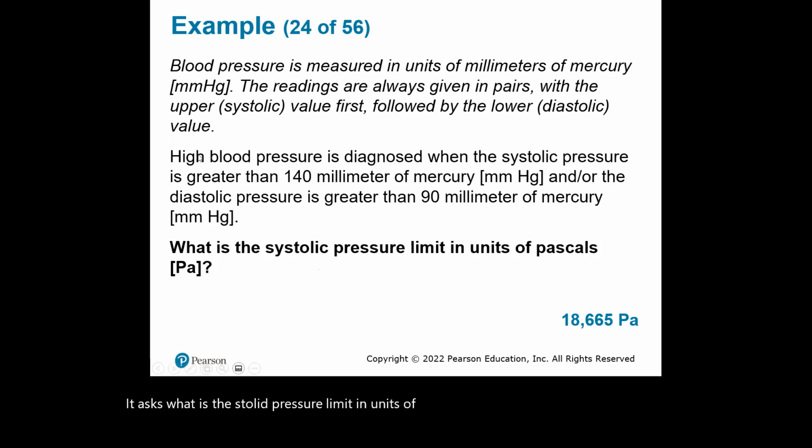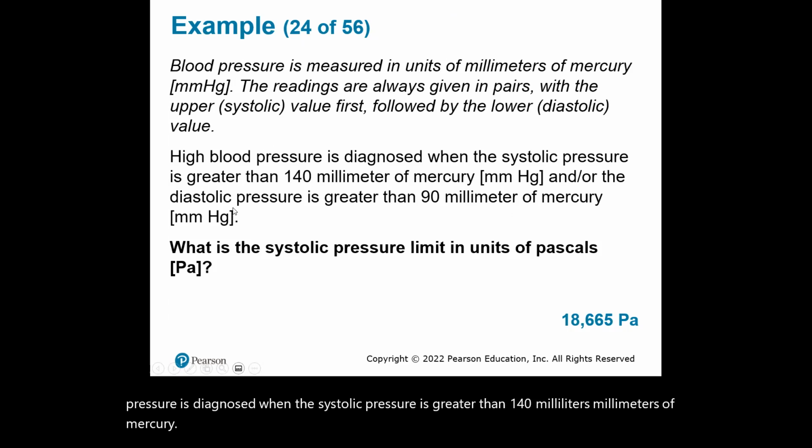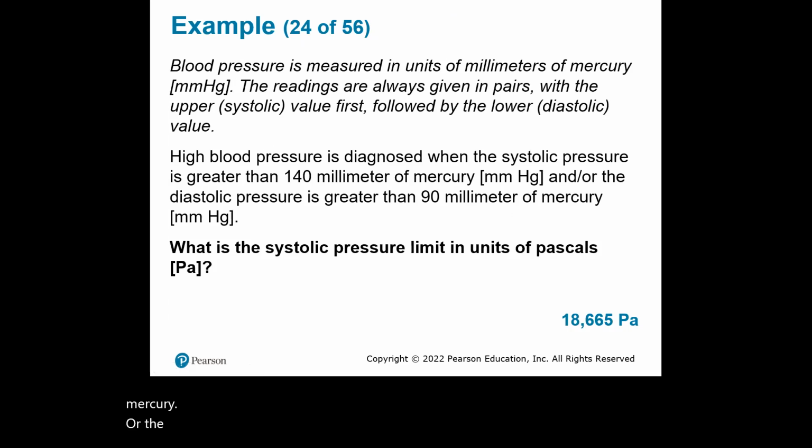High blood pressure is diagnosed when the systolic pressure is greater than 140 millimeters of mercury, or the diastolic pressure is greater than 90 millimeters of mercury. So what is the systolic pressure limit in units of pascals?